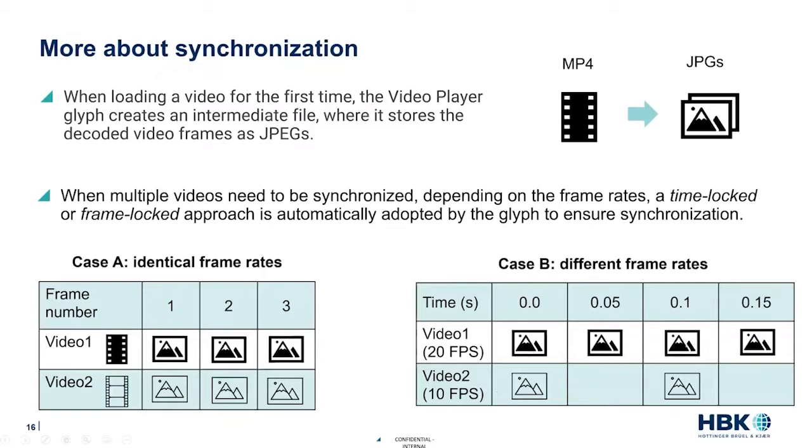All this is clear to you as a user, because when you're using the video player, you can ask for the frame information to be displayed. It's an optional property of the glyph. In this example, I've got one video at 15 frames per second, the second one at 30 frames per second. Here I'm displaying frame number 11, whereas here I'm displaying frame number 23.